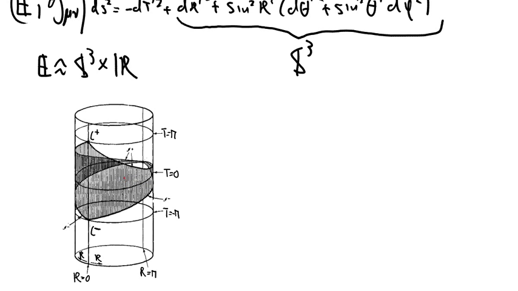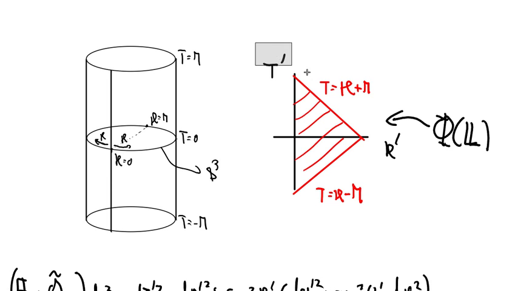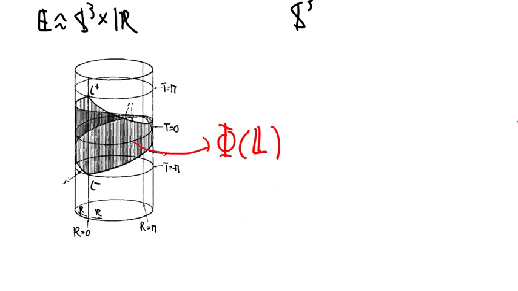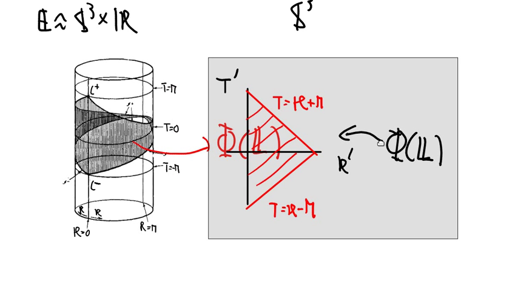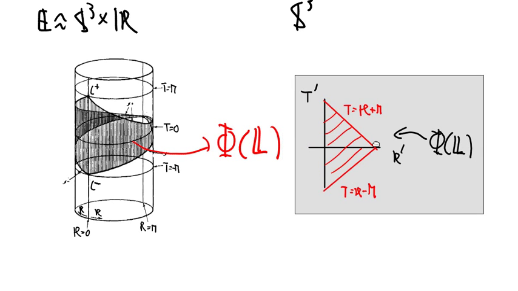This is just phi L. It takes a bit of thinking to find out why, but I'm going to bring this again with me because I want to have it together next to the picture of the cylinder.